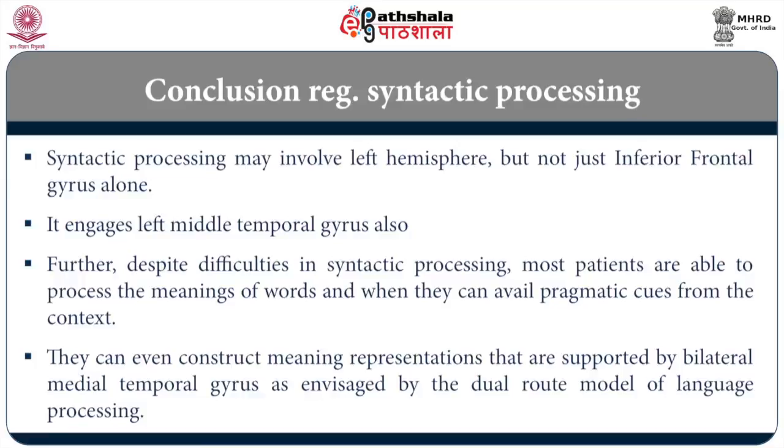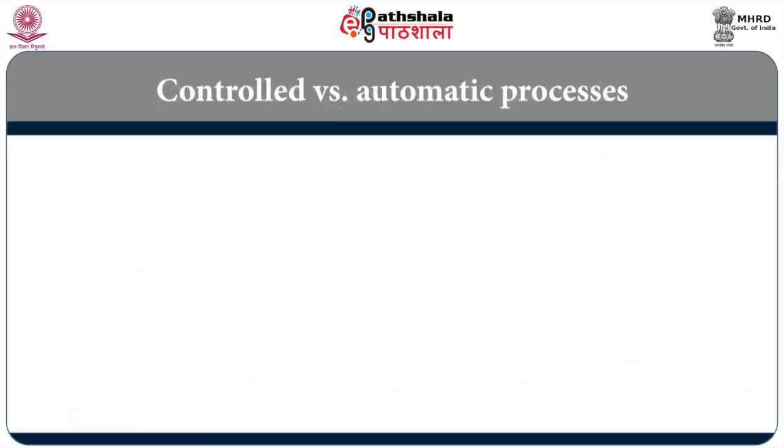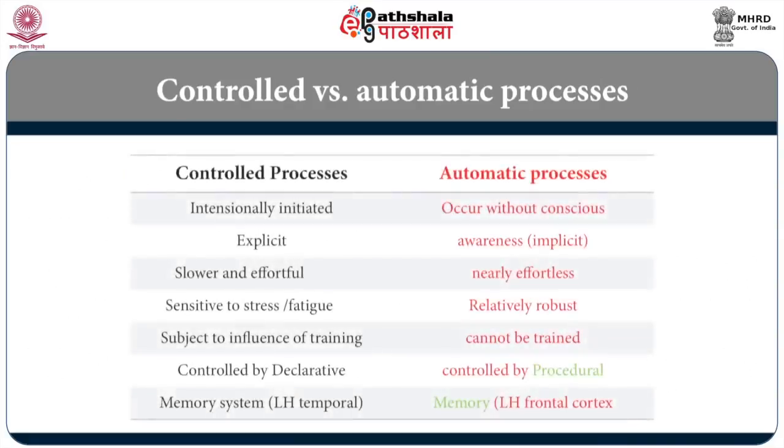Alright. So, also in this module, the concept called control versus automatic process, let me just spend another minute summarizing what control processes are in relation to language. They are intentionally initiated, they are explicit, they are slower and effortful, they are sensitive to stress and fatigue, subject to the influence of training, and they are controlled by declarative memory, which is more or less associated with the left hemisphere temporal lobes.